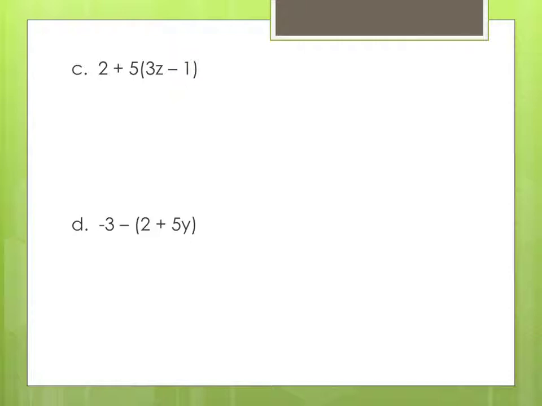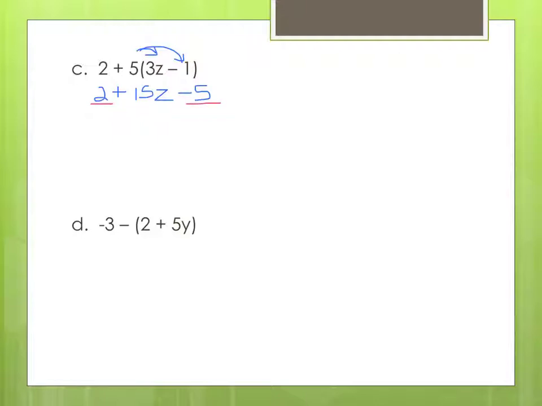Example C, we will start with multiplication because, again, I'm using order of operations, so PEMDAS says I'm going to multiply before I add. So we'll use a distributive property. So I'll multiply 5 times 3z is 15z, and 5 times negative 1 is negative 5. Bring down my plus sign and my 2. So now I'm going to look at combining like terms. So my 2 is just a number by itself, a constant.